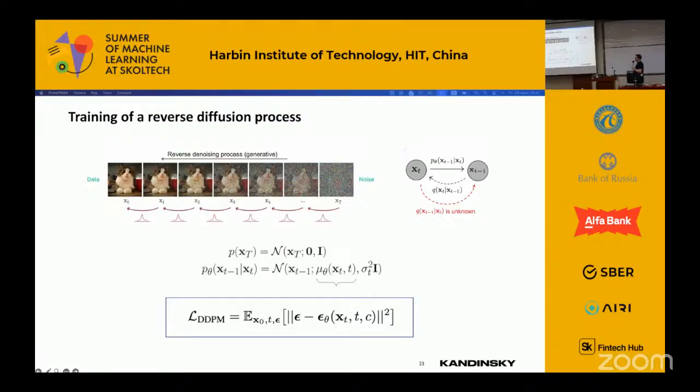Besides that, you actually just need to model the conditional probability. If you model the conditional probability of x t minus 1 given x t, you may sample from the distribution, start from Gaussian noise, and receive the next images in such a process.